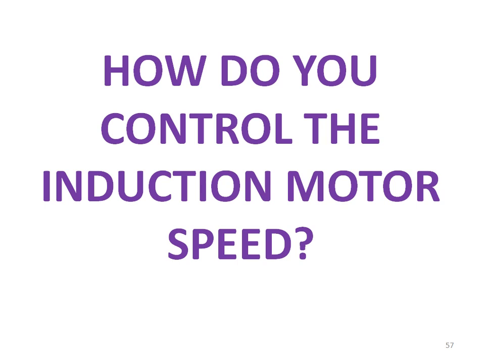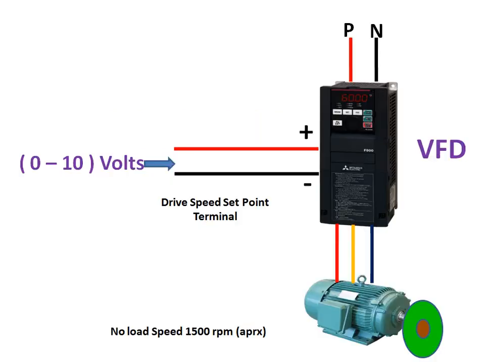Generally, how do you control the induction motor speed? This is a schematic diagram of speed control of an induction motor using a variable frequency drive. This is known as VFD or VSD, variable frequency drive or variable speed drive. The red and black terminals are the control terminals.